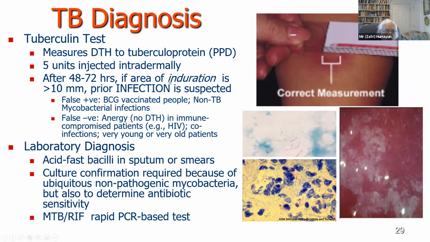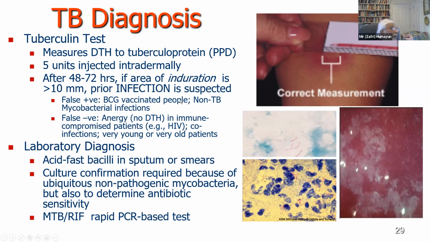I'll show you a better picture of what that means in a subsequent slide. But basically, if the area of induration is 10 millimeters or larger, it is considered to be a positive test. Okay? A very important thing to note is that there are false positives and there are false negatives. A very prominent source of false positives is BCG vaccination.